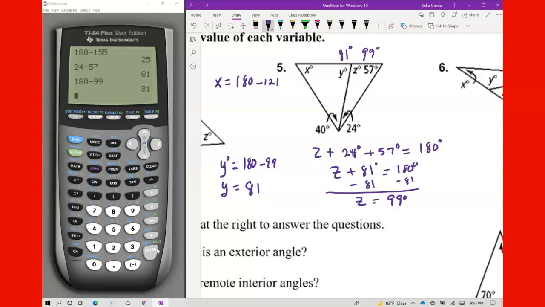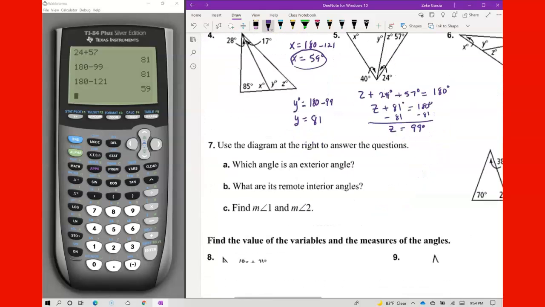So you subtract 121, so x equals 59. So let me just check real quick. 180 minus 121, which gives you 59 degrees. So I went ahead and found x, which is 59 degrees. Y was 81 degrees and z was 99. Make sure that you show your work.